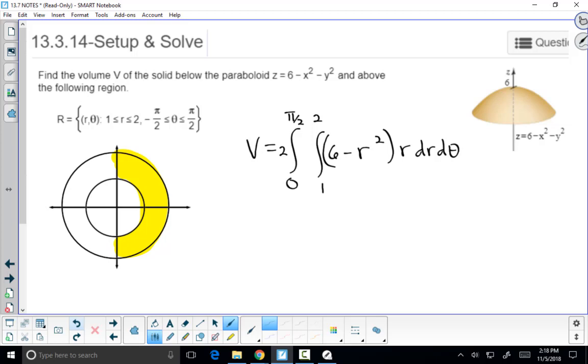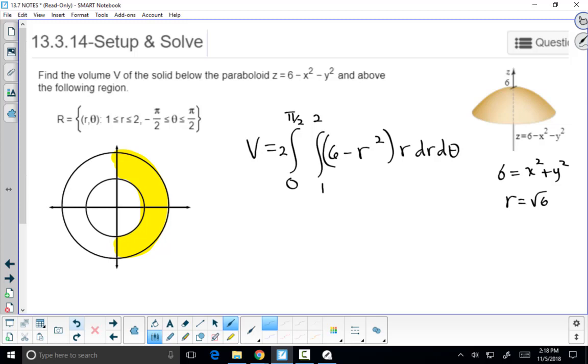And does this paraboloid on this boundary touch the xy plane? No. If we want to know where this touches the xy plane, we set z equal to 0. So we get 6 equals x squared plus y squared, and that is a circle of radius square root 6. So the radius is root 6, which is somewhere between 2 and 3, and we're only going out to 2.